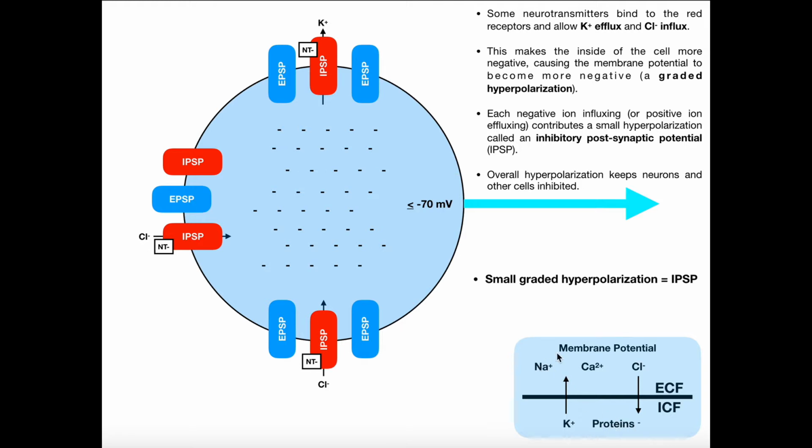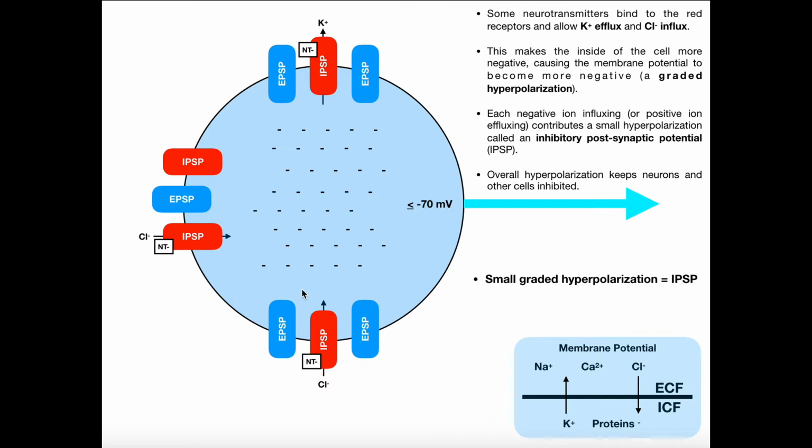We also can't do anything with sodium and calcium, but we can do something with potassium. Potassium is a positively charged cation, but notice it's on the inside of the cell. So if we just move it out, which is actually called efflux, if we efflux potassium, then we're losing positive charge on the inside, and that will also make the inside of the cell more negative. Okay, so hopefully that makes sense.